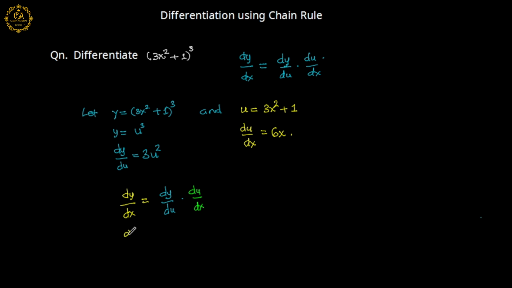Now our dy/dx equals, dy/du is this quantity here, 3u squared, times du/dx, this quantity is 6x, so we multiply it by 6x.